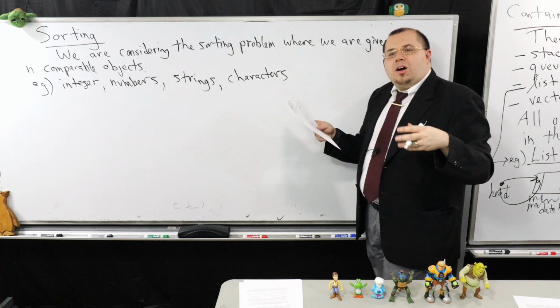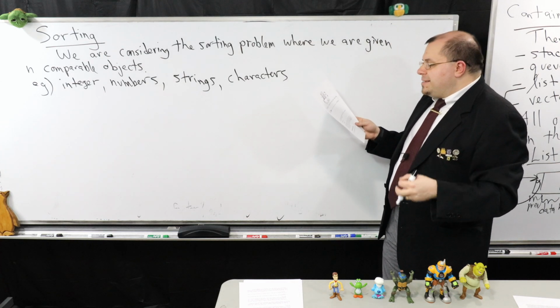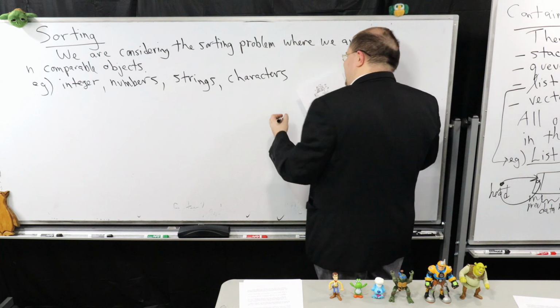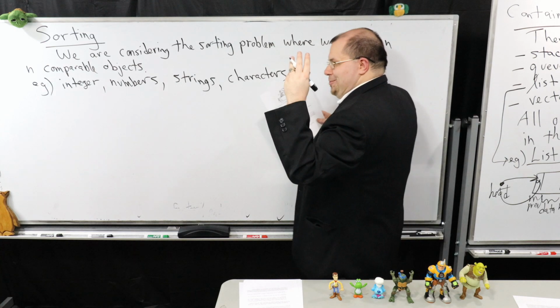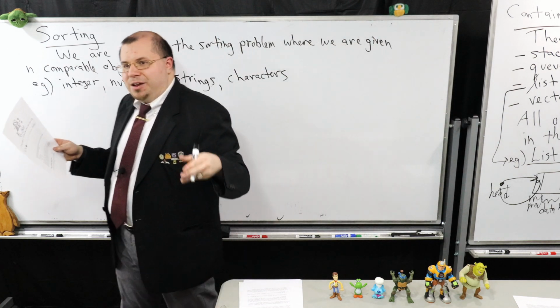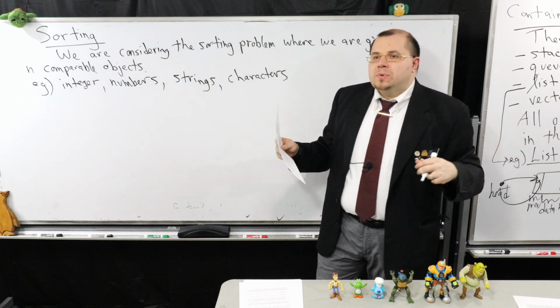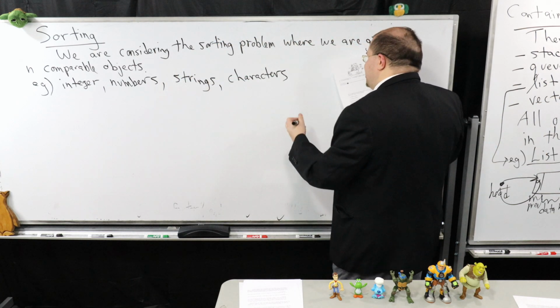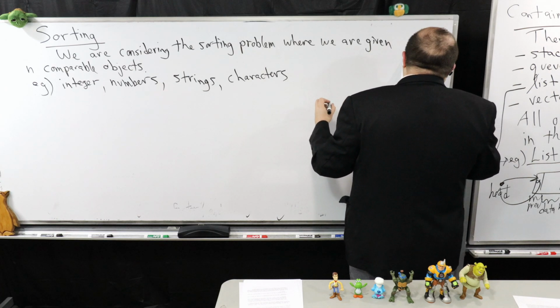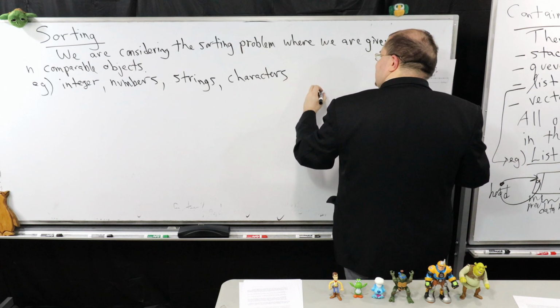Effectively, as long as you can define some function that can tell you that one element comes before another element, and it works for every pair of elements in your collection, you can say that they're comparable. Usually in a programming language, you'll find that there's a function.